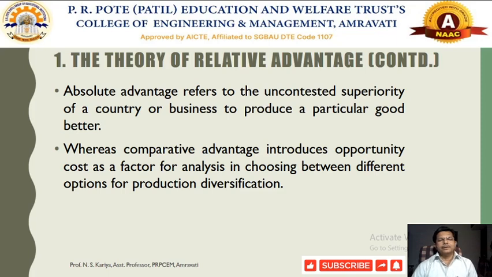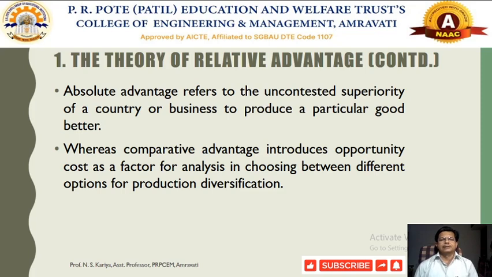Now, another form of advantage is called comparative advantage. Comparative advantage introduces opportunity cost as a factor for analysis in choosing between different options for production diversification. It is about whether it is advantageous to produce a particular good or not, as compared to the competitor.